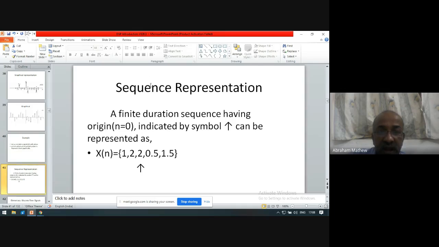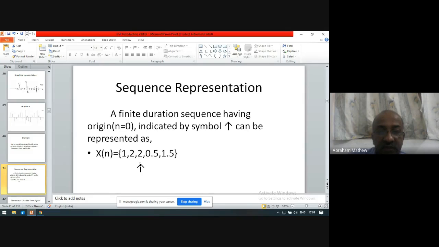This is another way of representing, known as sequence representation. For example, here x of n is equal to 1, 2, 2, 0.5, 1.5. Here, this arrow sign indicates the origin.